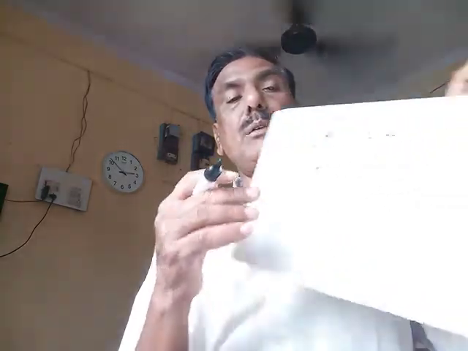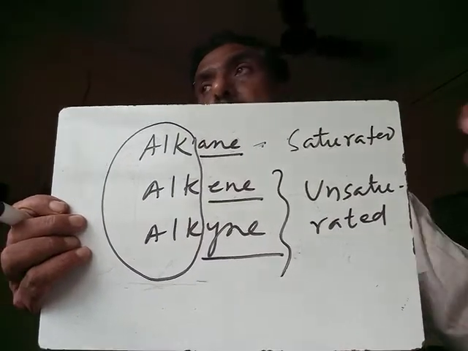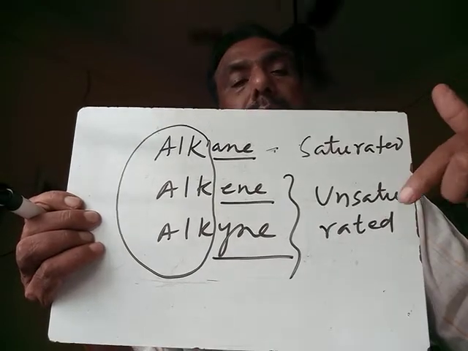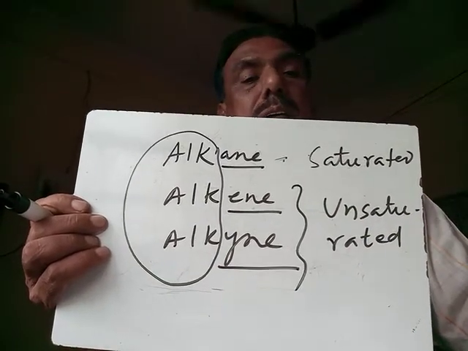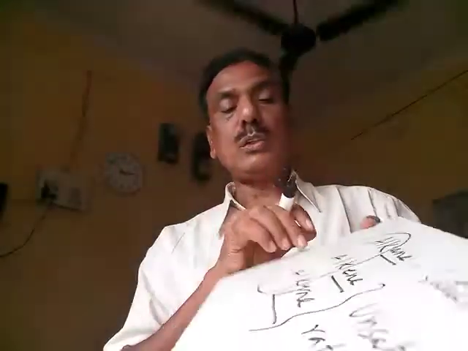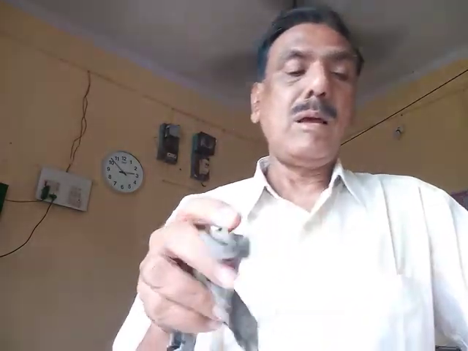See here: the first one is a saturated hydrocarbon, and the second and third ones are unsaturated hydrocarbons. So this is alkane, alkene, and alkyne.